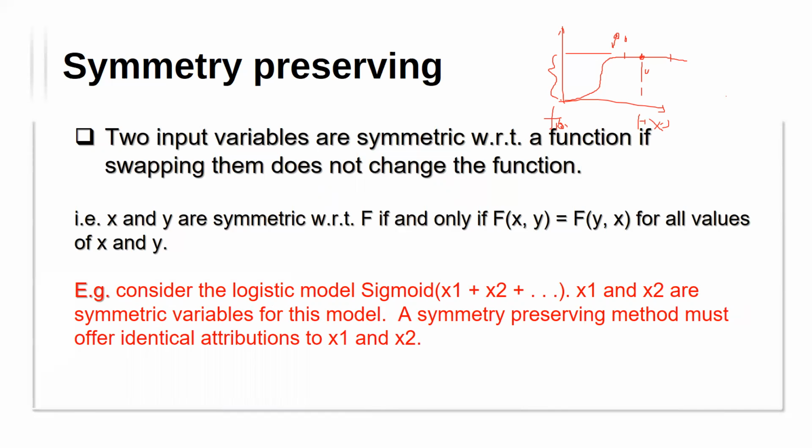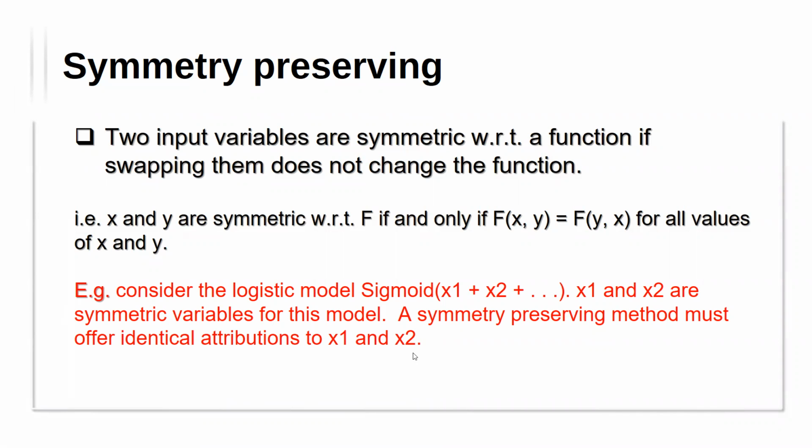The intuition for this axiom is when two input variables are symmetric with respect to a function, meaning swapping them does not change the output value, then our attribution should assign the same value for those two variables.